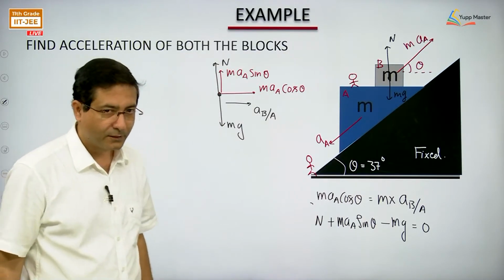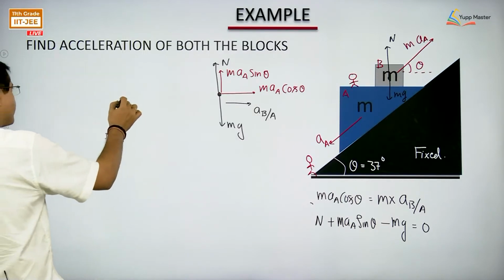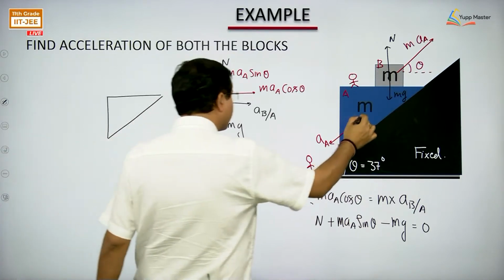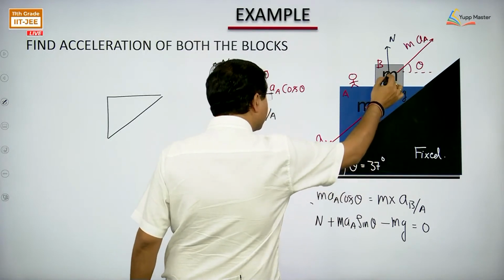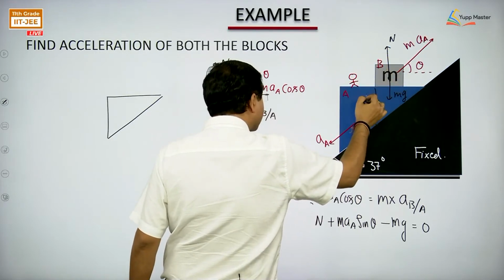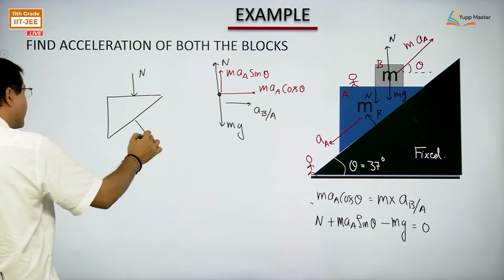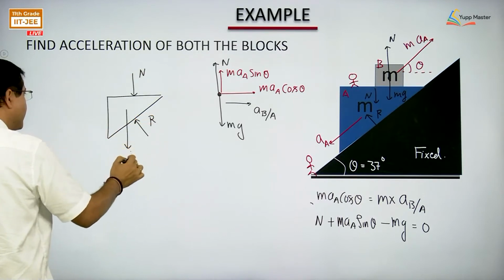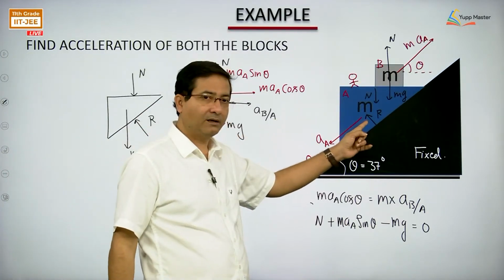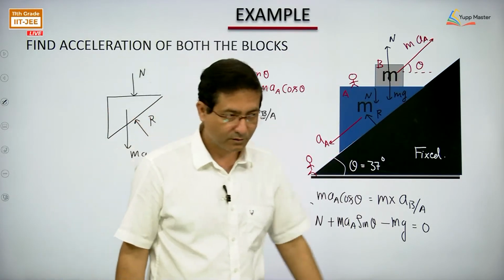For block A, if I draw free body diagram of block A, I can see one reaction coming from here, or I can see if A exerts force on B in this direction, B exerts force on A in this direction, N. So one normal, one reaction, one mg, any other force, two contact, one field, and as motion of this block we are observing from ground, no pseudo force, inertial frame, right?